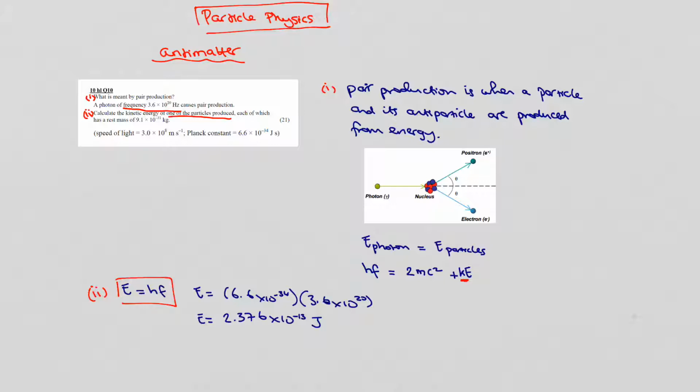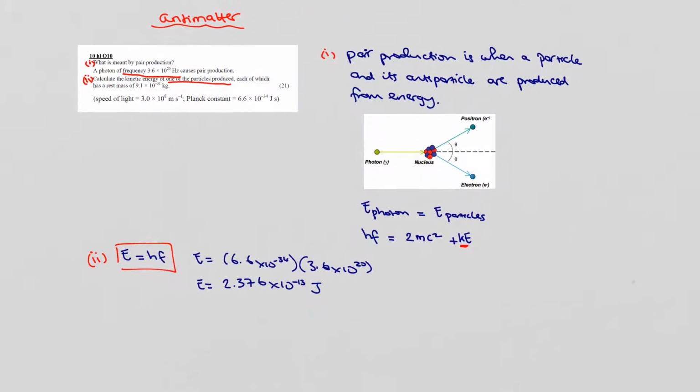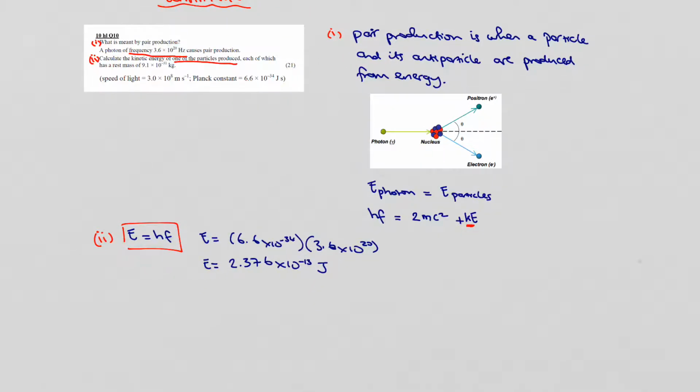Now we're not told whether it's a positron and an electron in this case. Obviously in the diagram I've inserted here, it's an example of pair production. What we are told is that each has a rest mass of 9.1 by 10 to the minus 31 kilograms, which is the rest mass of an electron.